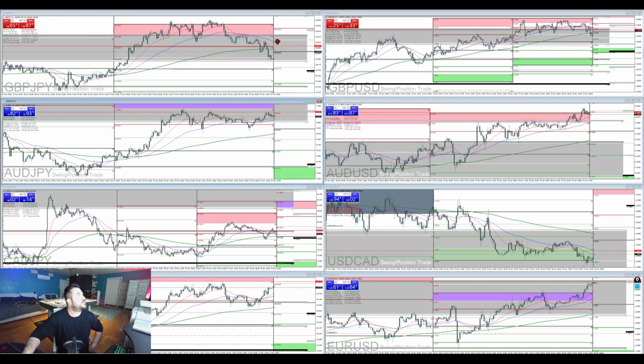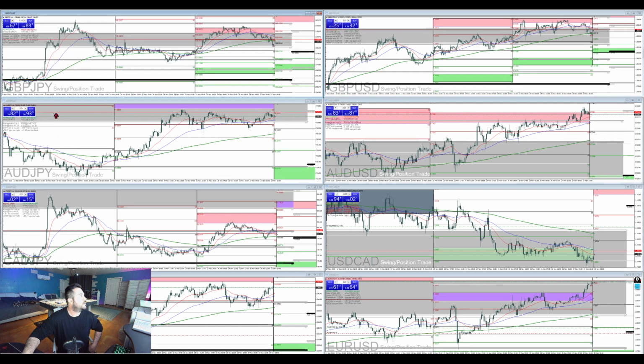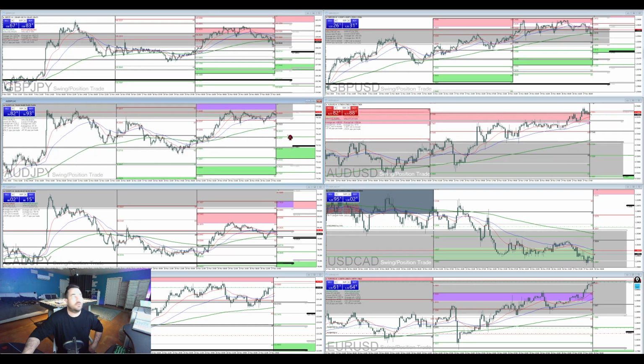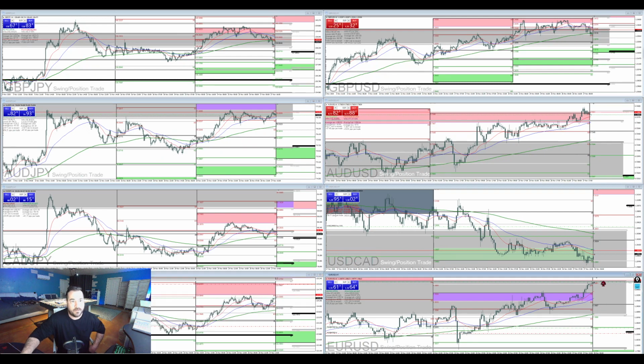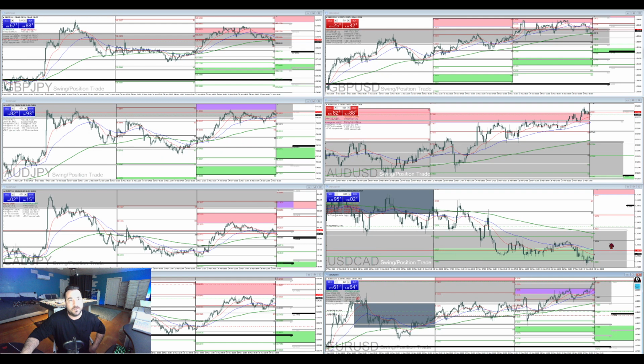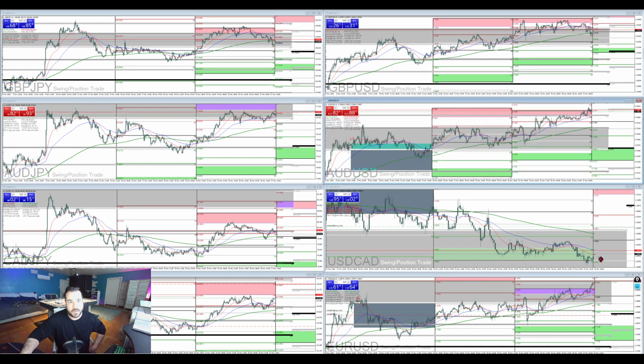Nothing on the pound, so let's go ahead and zoom out on that one. And then we already got this one, and we got that one. Got the euro, US dollar. I need to do the USD CAD. Got the Australian. Okay, USD CAD, I'm going to put a little alert here, swing trading alert.